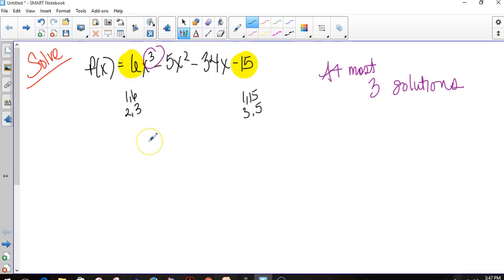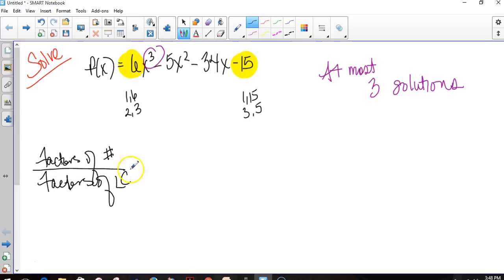And then one by one, you take all the factors of the constant and divide them by, individually, factors of the leading coefficient. Positive and the negative version. And this is going to be kind of like your bank of possible real solutions.